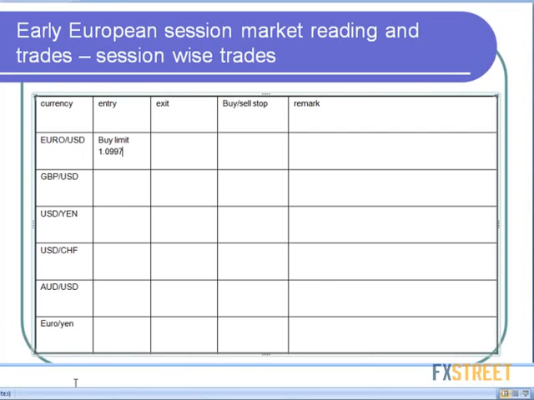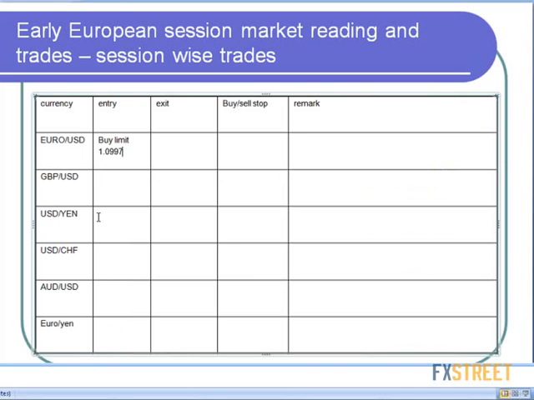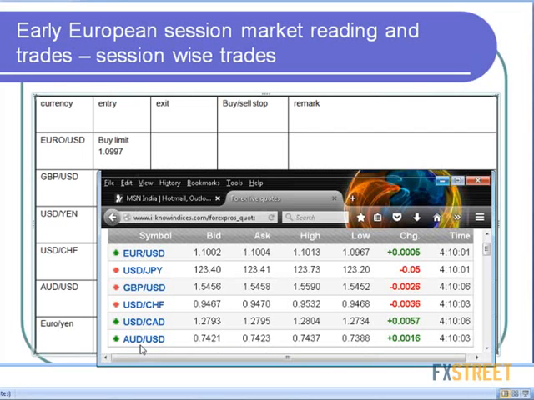In the case of GBP, they are closer to 54.52, so 54.57 we will buy. In the case of yen also, I told you that we wanted to buy, so 123.41 we will buy.